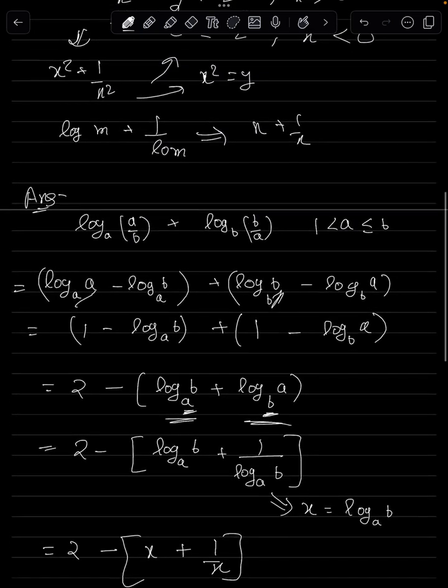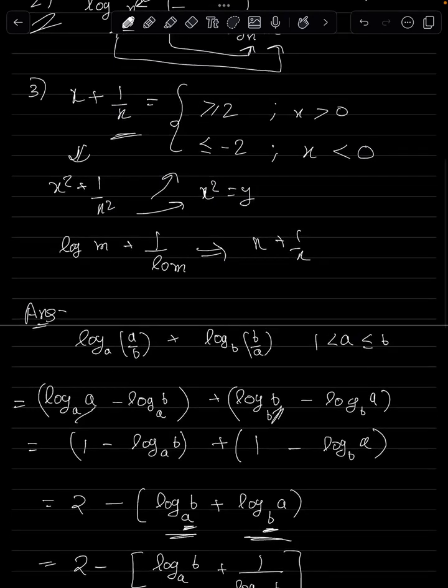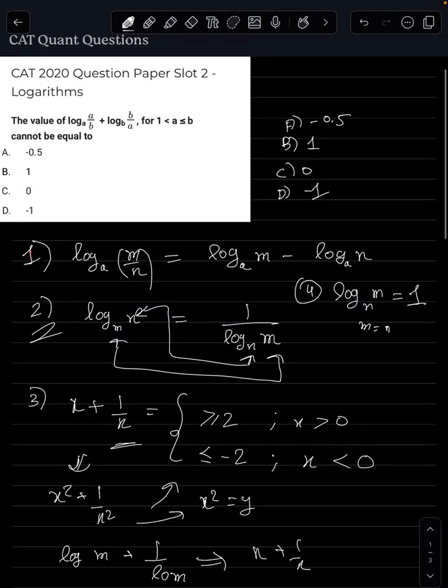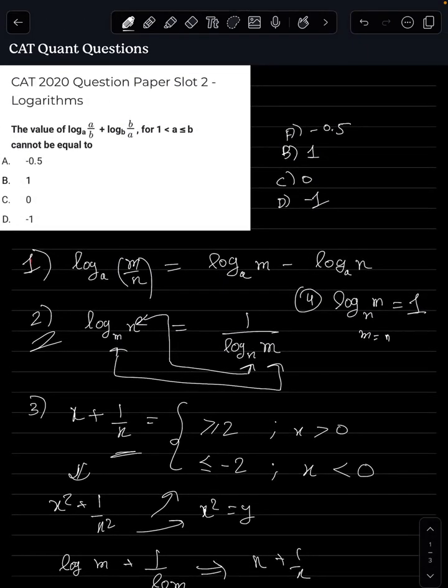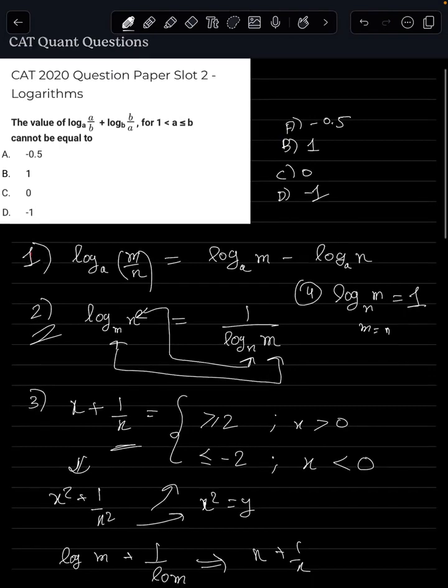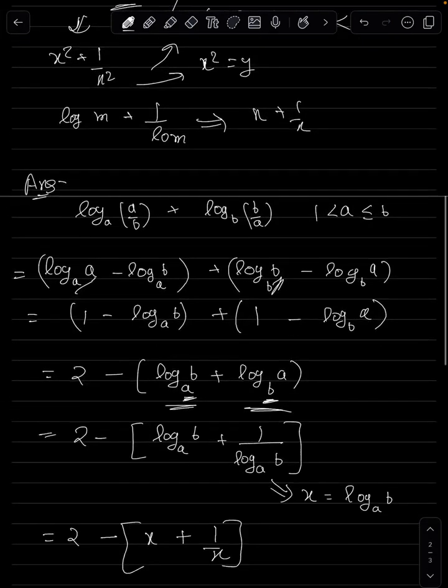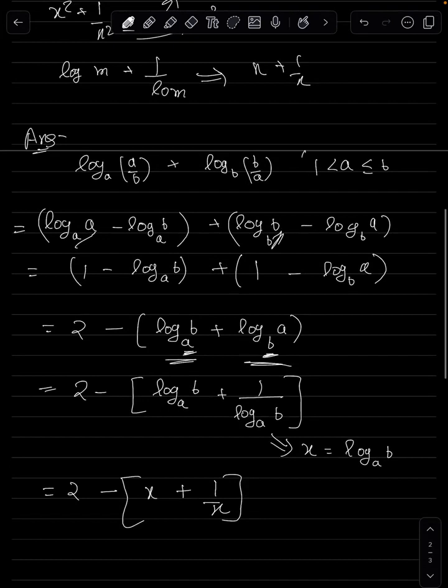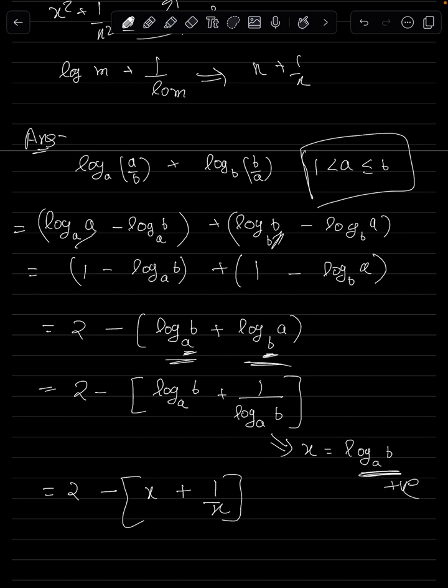Now we know that this function is greater than or equal to 2 or less than or equal to minus 2, depending on whether x is positive or negative. Now it is given in the question that a is greater than 1, and greater than 1 is important. B also is greater than 1. So if it is greater than 1, then this particular value is positive.